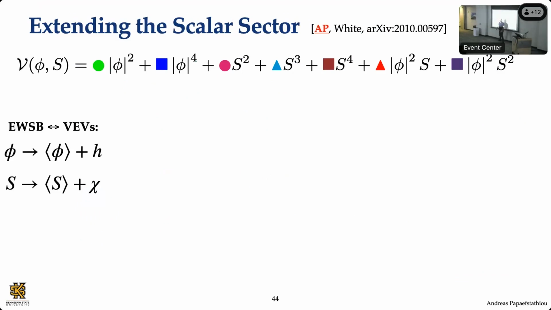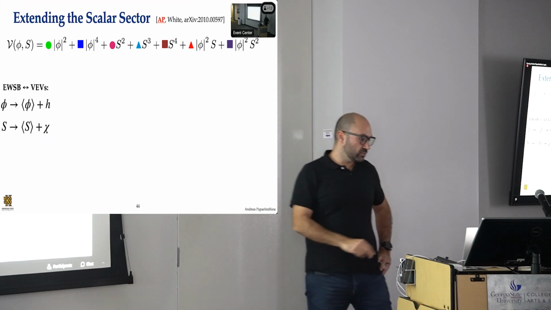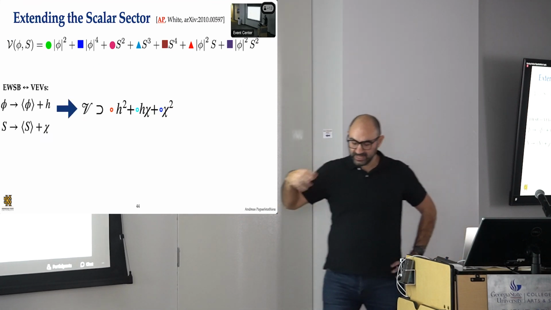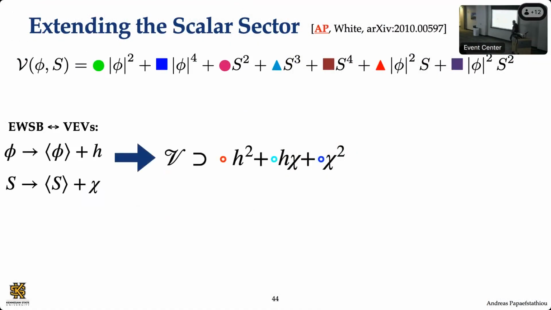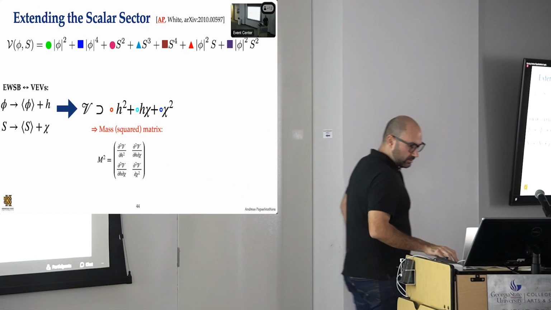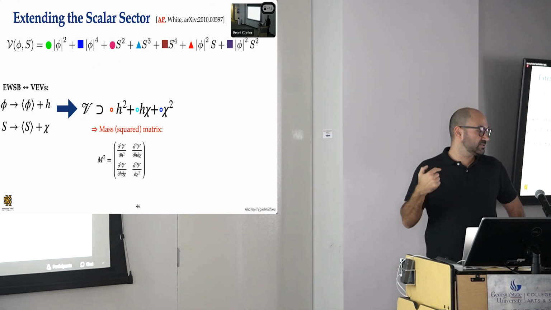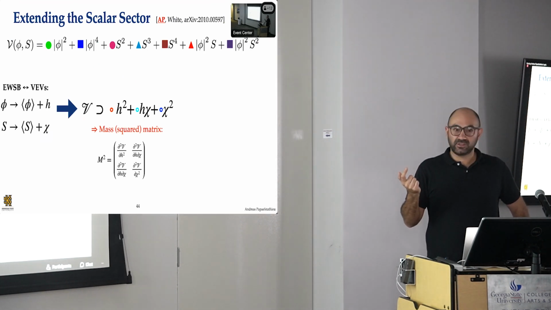But now we also do the same thing for the new singlet. Instead of H, we have chi. If you do that, you will get the potential expanded about the minima, which contains such terms. The quadratic terms are related to the masses, and maybe you know this, that the mass matrix squared is the second derivative of the potential.